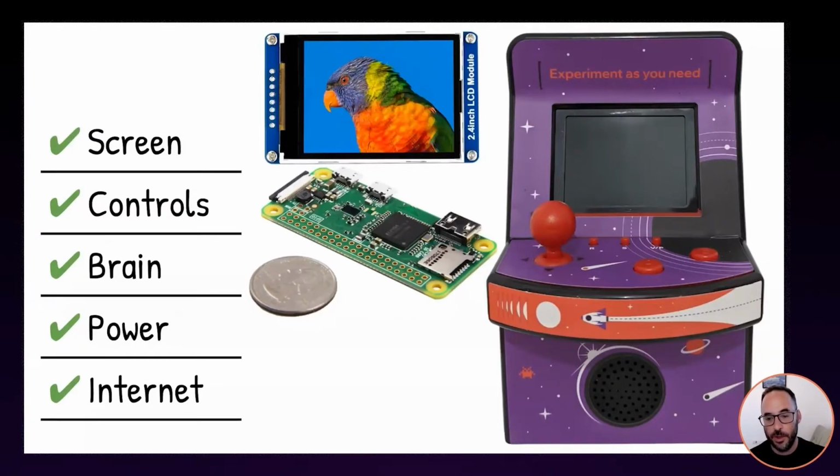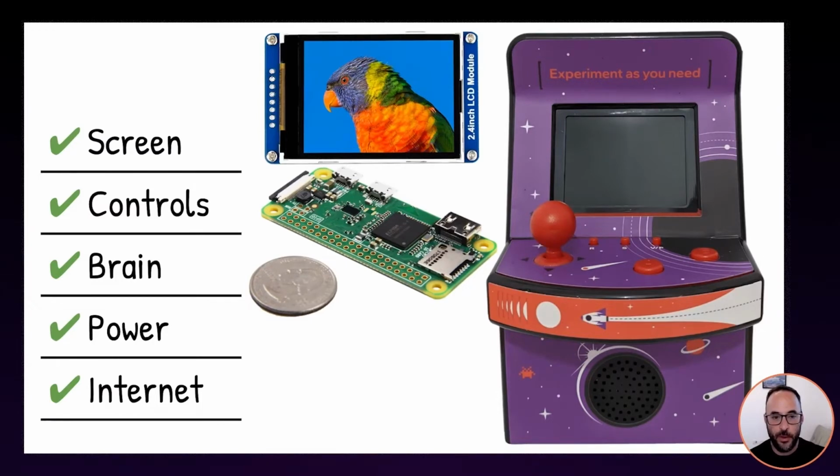So I measured the original screen, it was 2.4 inches, and I found an LCD screen 2.4 inches that's meant to be exactly used for hobbyist projects, and therefore it's well documented how to connect it to the Raspberry Pi and how to interface with it in terms of code.